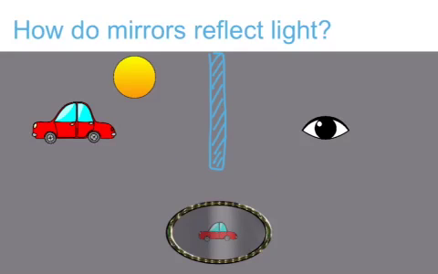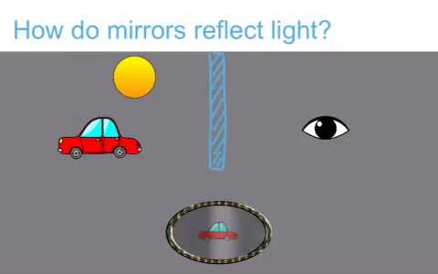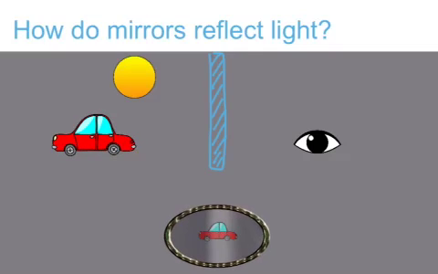And this is the same picture again, but I've drawn it in a different manner. So we have the car, the eye, and the mirror here. You can see the reflection. So again the light comes from the light source, the object reflects the light into the mirror, and then the mirror would then reflect the light into our eyes.